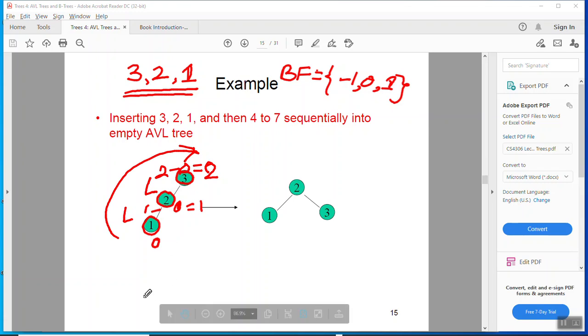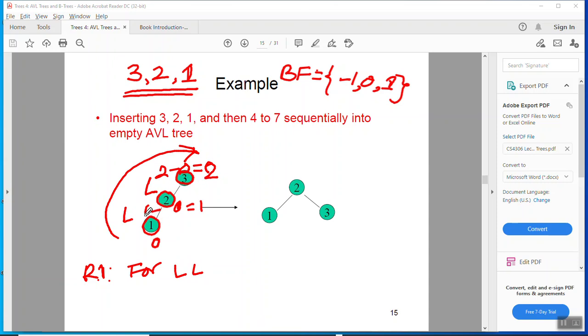Okay, now rotation 1 rule is that for left-left we will consider only the 3 adjacent nodes and only 2 of the edges.